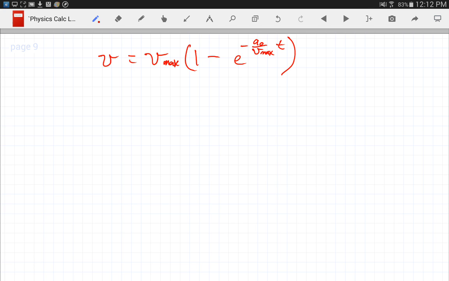Okay, so I wanted to find the derivative of this. So to take the derivative, dv/dt equals Vmax times 1. What's the derivative of Vmax times 1? 0, okay. So we nail that one.